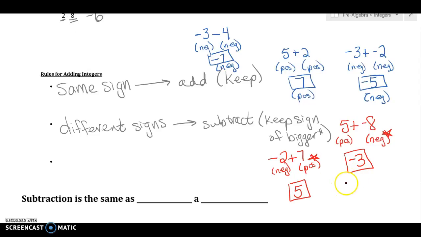And then let's try one last one. 8 minus 4. This one's positive. This one's negative. Different signs subtract, and I get 4. And since 8 is bigger, it's positive 4. Okay? So same sign add, different signs subtract.